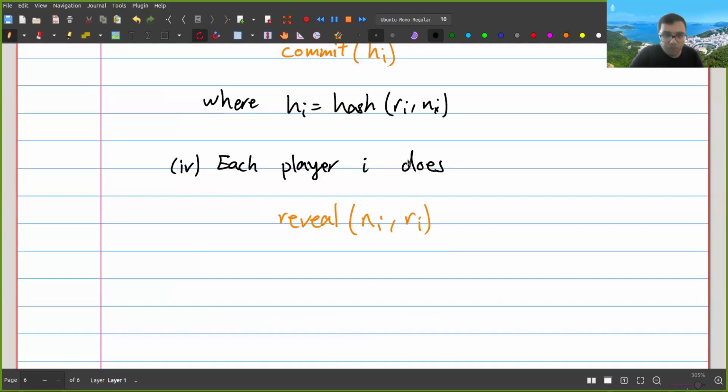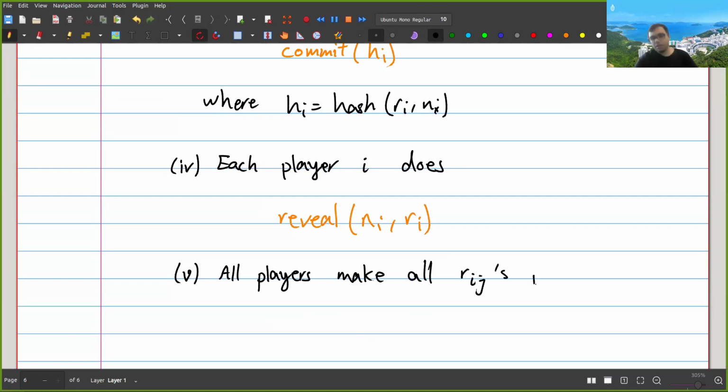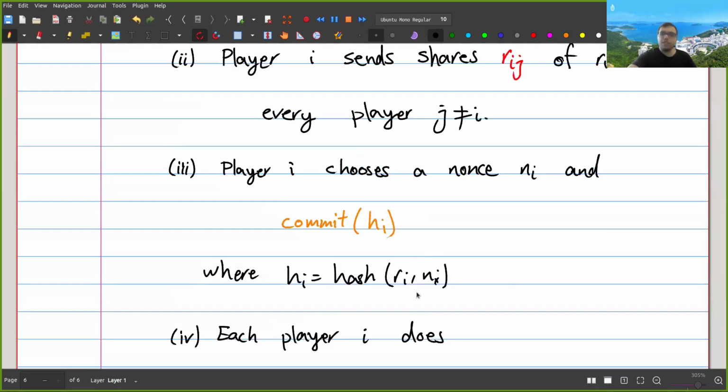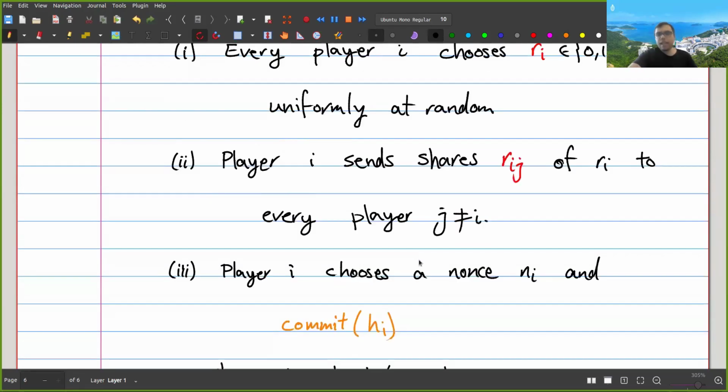Now, very importantly, there is a step 5. All players make all the shares public. Players make all the Rij's public. And they check if any player has cheated. So when has someone cheated?